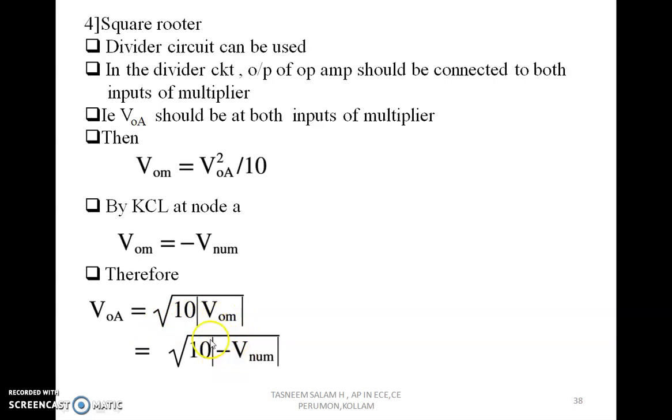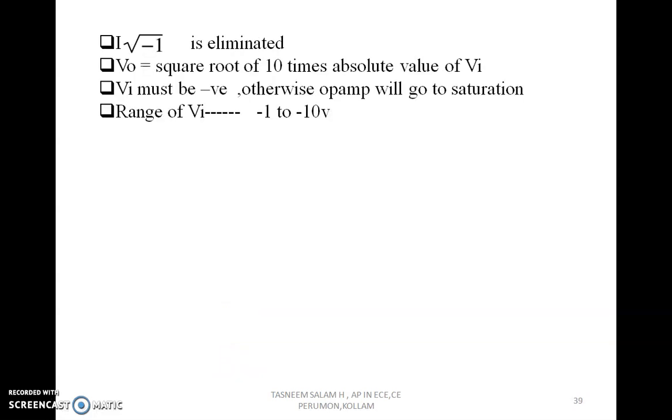That is, we are neglecting the negative sign here. So V0 is the square root of 10 times the absolute value of Vi. Vi must always be negative, otherwise the op-amp will go to saturation. And the range of Vi is minus 1 to minus 10 volt.